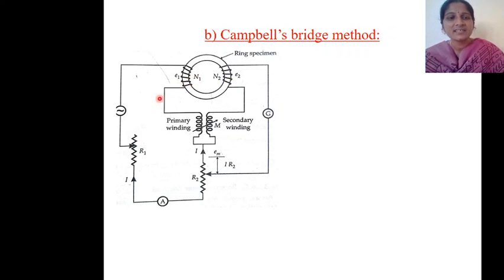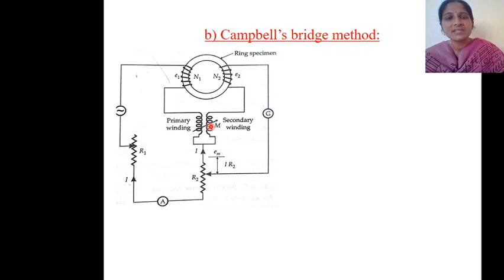The primary winding is connected through the ammeter and the secondary winding is connected to the galvanometer through a variable resistance R2. R1 and R2 are variable resistances to change the current, and M is the mutual inductance between the primary and the secondary windings. So this is about the construction.